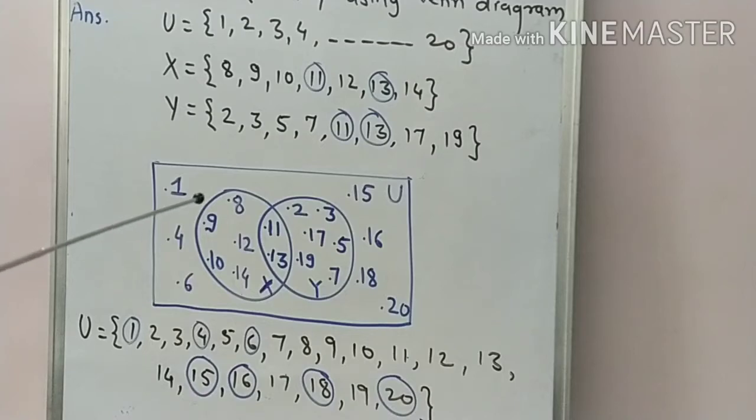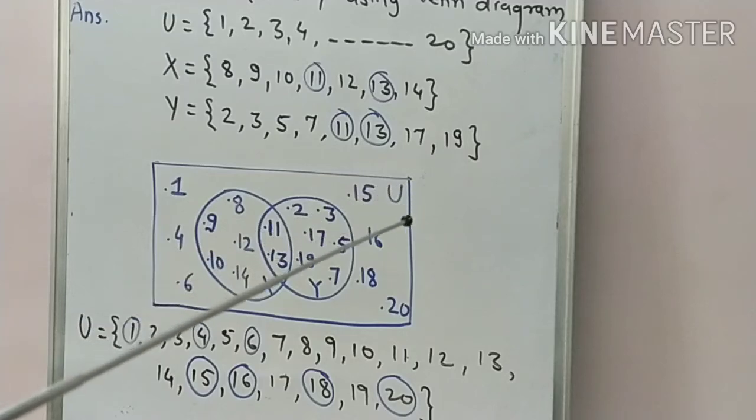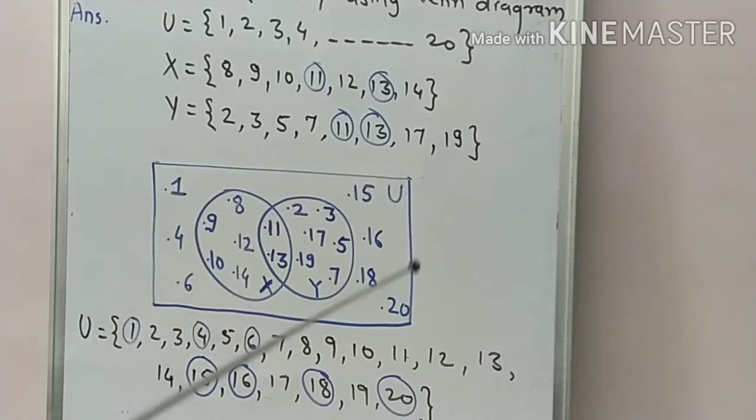So here we write the remaining numbers 1, 4, 6, 15, 16, 18 and 20, the elements of the universal set. So like this we represent these three sets, the universal set, set X and set Y, by Venn diagram.